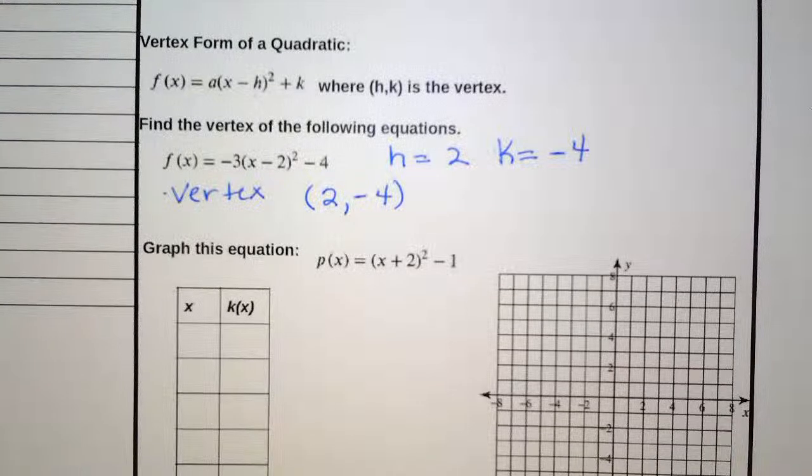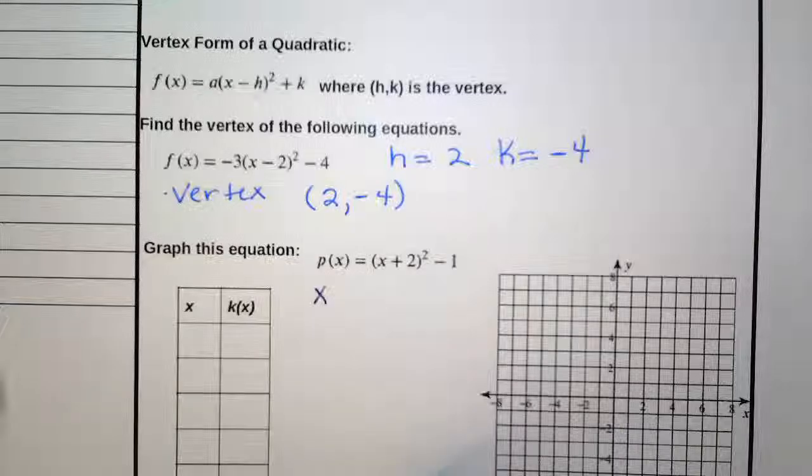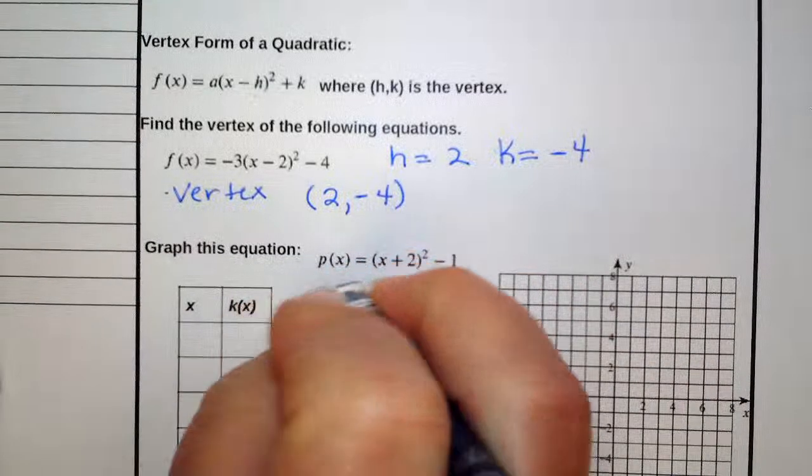Okay, for the next one, we want a graph. First thing I'm going to do is to find where the vertex is. So looking at my vertex, x is, let's see, my vertex is the point.